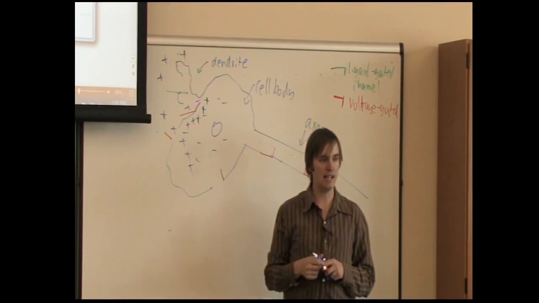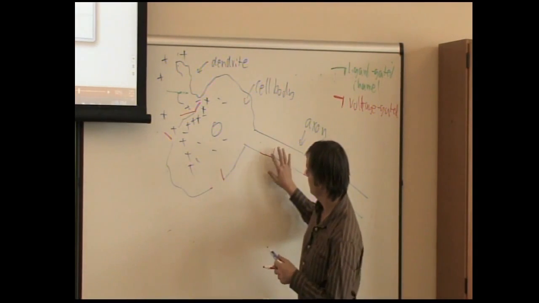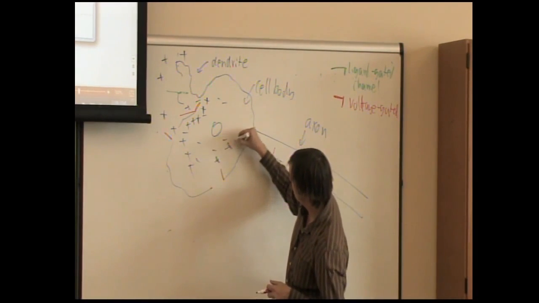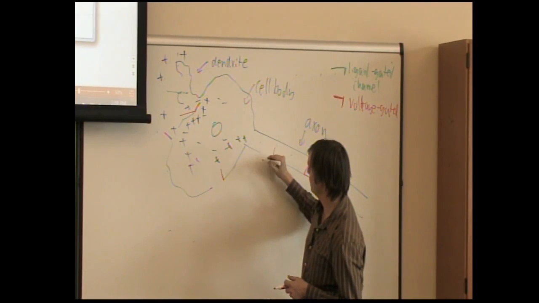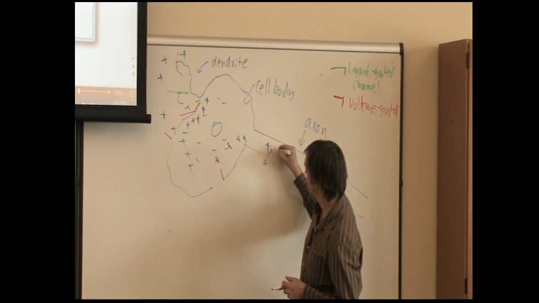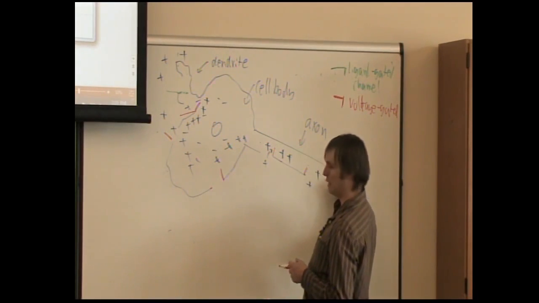They all just react to the positive ions coming in. So we open this one. Those positive ions make this one open, which lets in more, which opens this one, and so on and so forth.